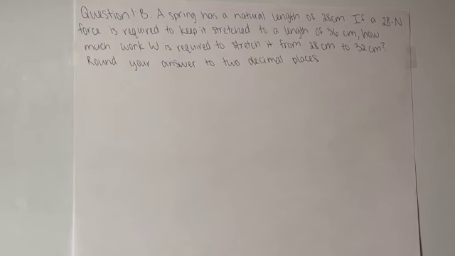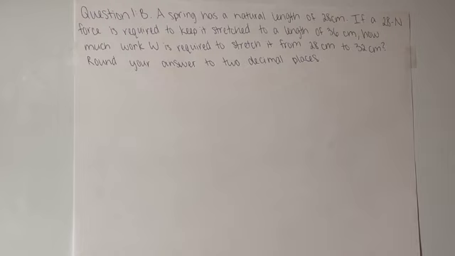For question 1, part B, we have a spring that has a natural length of 28 centimeters. If a 28 Newton force is required to keep it stretched to a length of 36 centimeters, how much work W is required to stretch it from 28 centimeters to 32 centimeters? Round your answer to 2 decimal places.